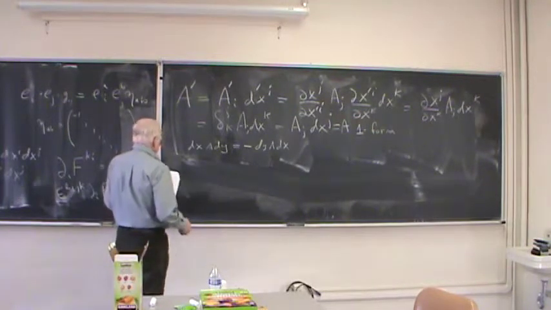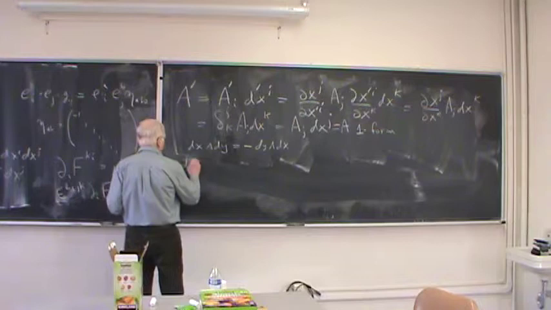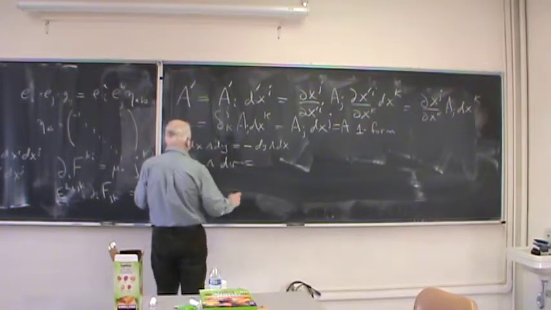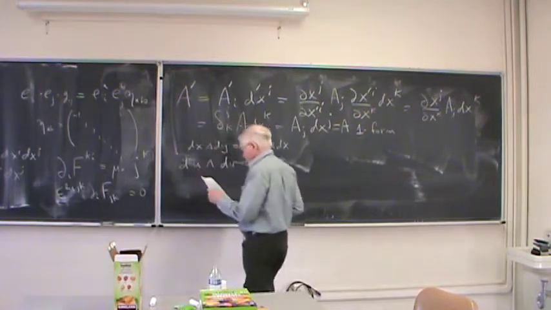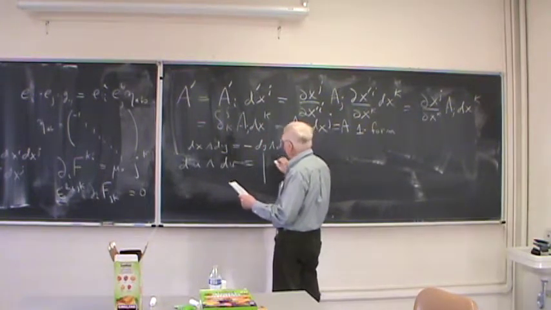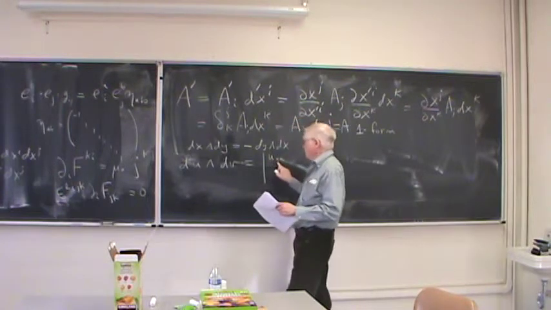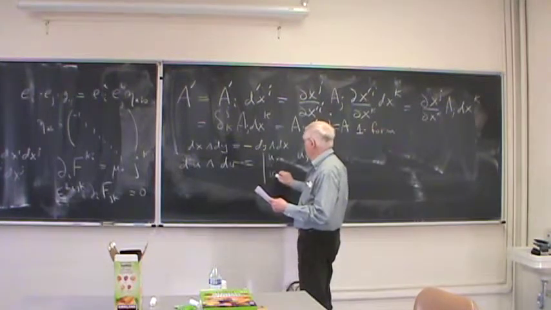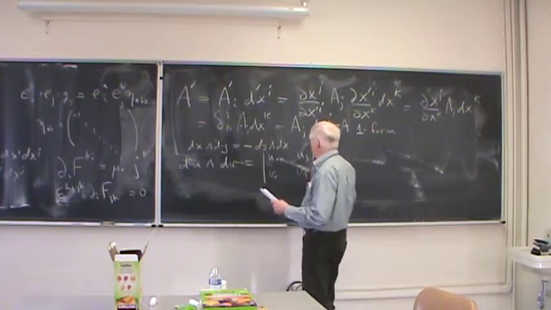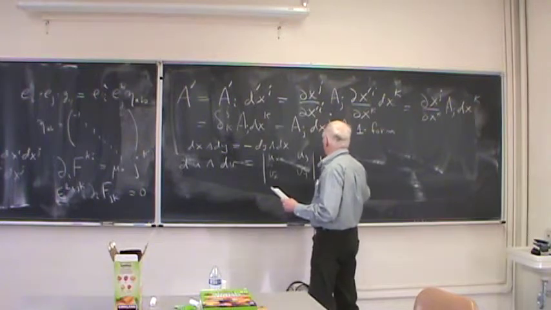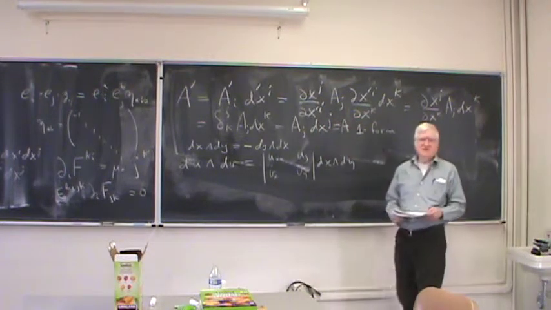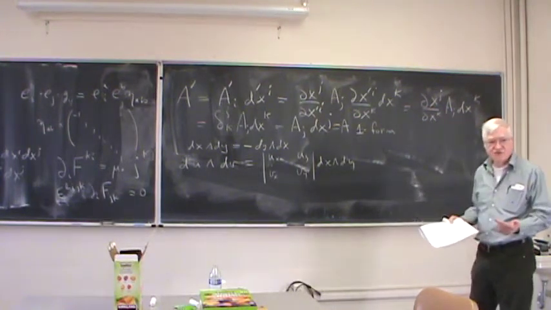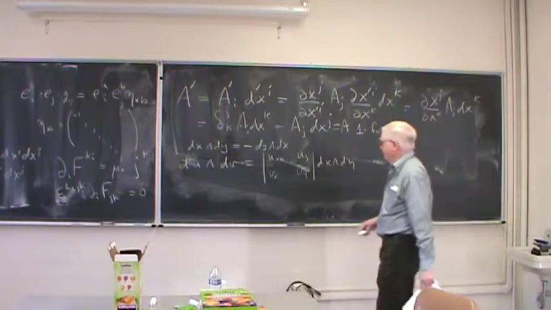And what you can see is that if you change coordinates, then du wedge dv, I'll skip all the algebra, is the matrix of partial u with respect to x, partial u with respect to y, partial v with respect to x, partial v with respect to y, times dx wedge dy. And so this is useful when you change coordinates. Is that a Jacobian matrix? Yeah, this is the Jacobian.